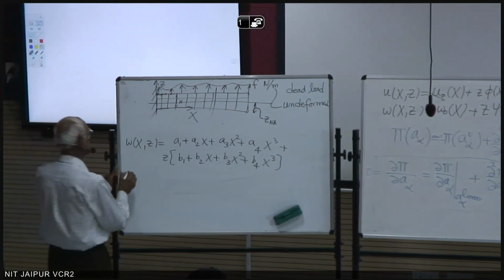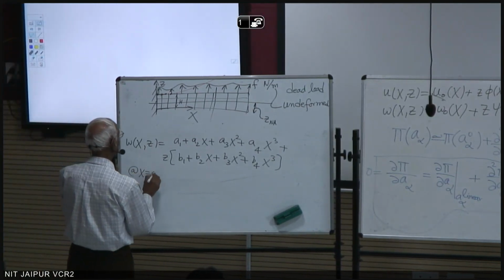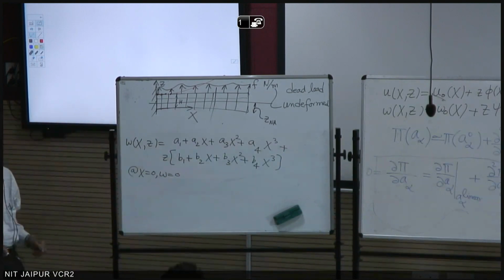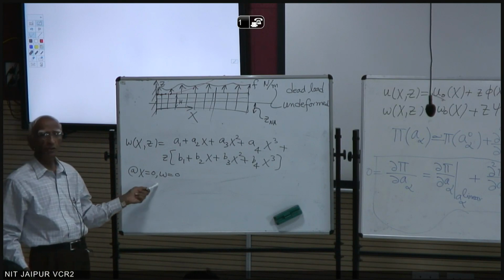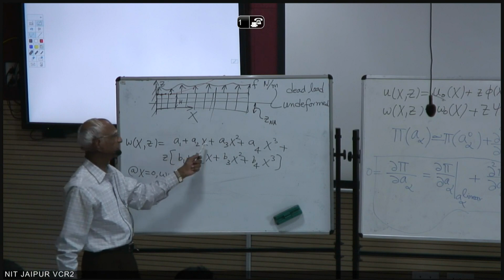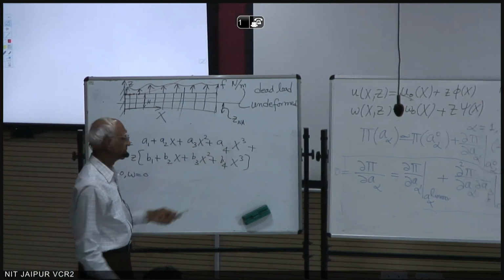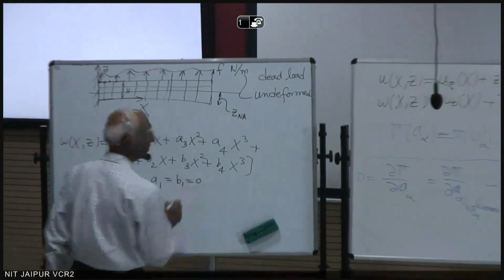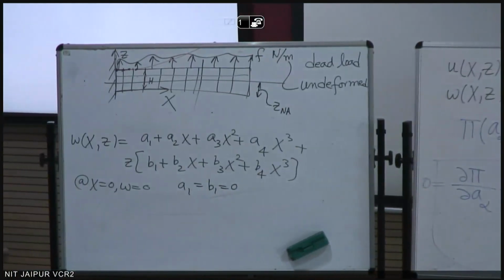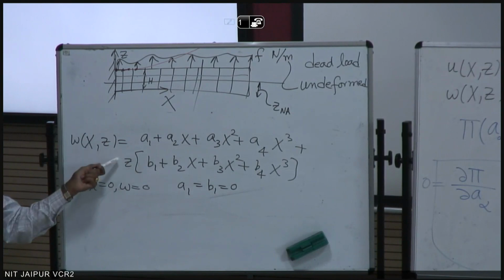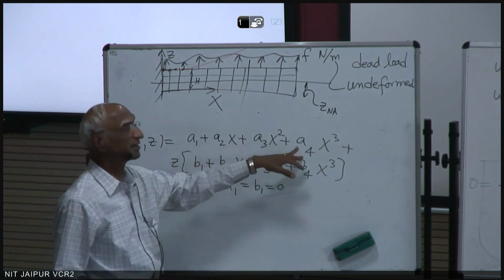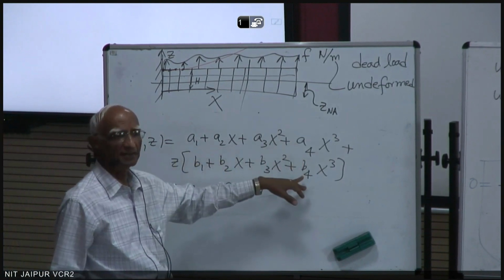But at x equal to 0, W should be 0. It's a clamped end. You are right, I had forgotten that part. So at x equal to 0, W is 0. If you set x equal to 0, all these terms disappear. So which means I should take A1 and B1 equal to 0, because it has to hold for all values of z. So that gives me now only 3 constants here and 3 here.